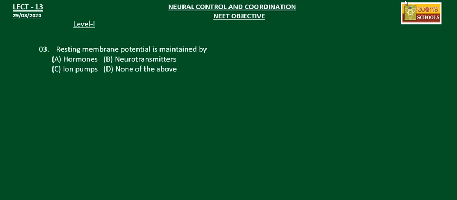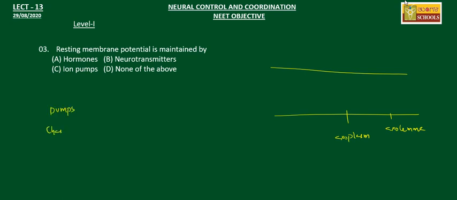The next question: resting membrane potential is maintained by, let's see, the axon. This is the axolemma and axoplasm. Of course, the membrane of the neuron has different types of pumps and channels. Pumps transport molecules against the concentration gradient by using energy, hence this is active transport.